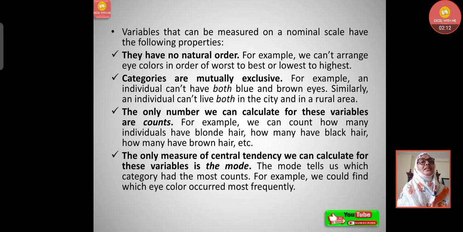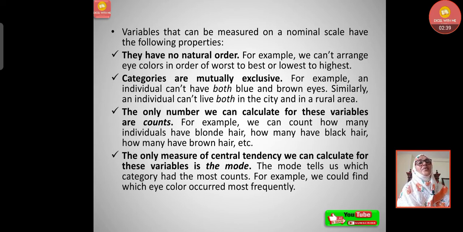Here we cannot arrange in order. Now categories are mutually exclusive. For example, an individual cannot have both blue and brown eyes obviously together at the same time. Similarly, an individual cannot live both in the city and in a rural area. That person has to be at one place.